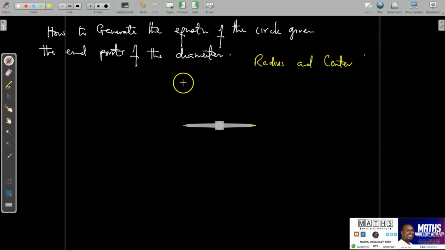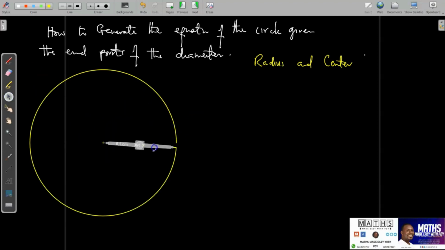So it means that if I have my circle here, I just want to draw my circle. And there is a diameter.